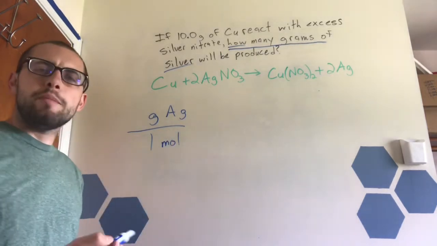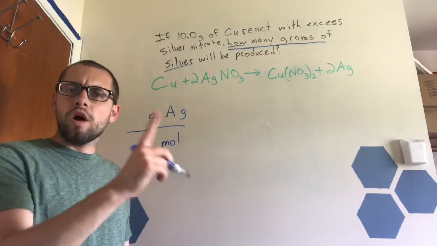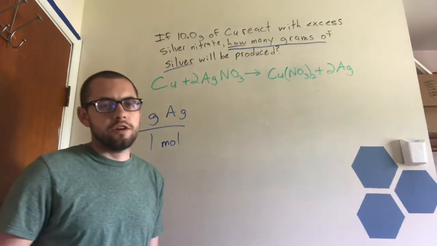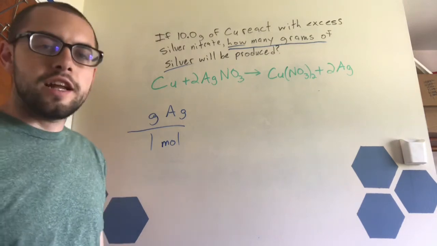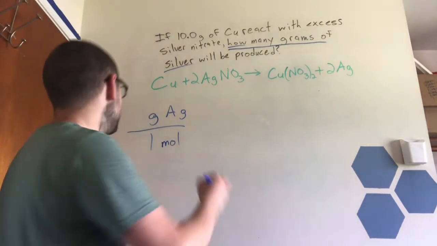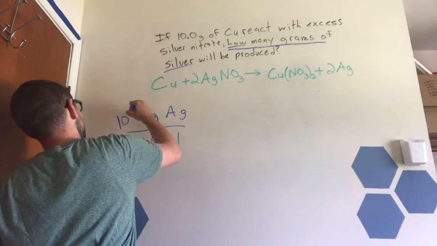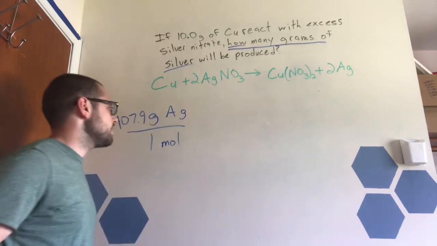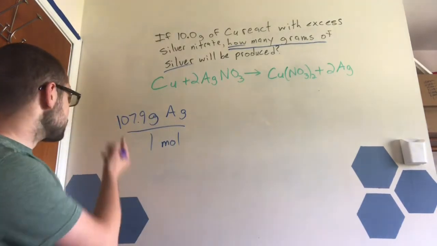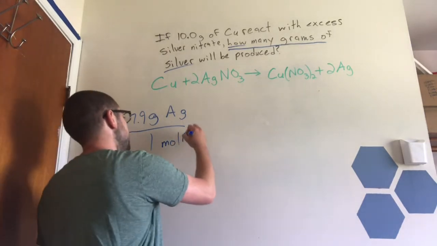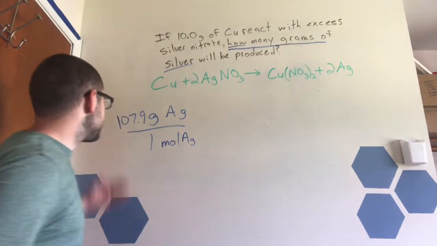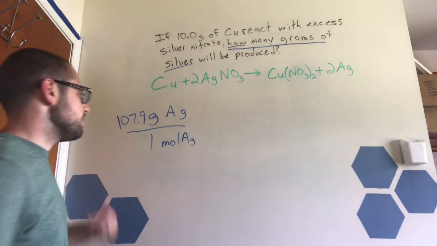How many grams of silver are in 1 mole of silver? This is the molar mass of silver. I'll look it up on the periodic table, and it's just about 107.9 grams of silver. So great. I started with grams of silver, and I changed it into moles of silver.